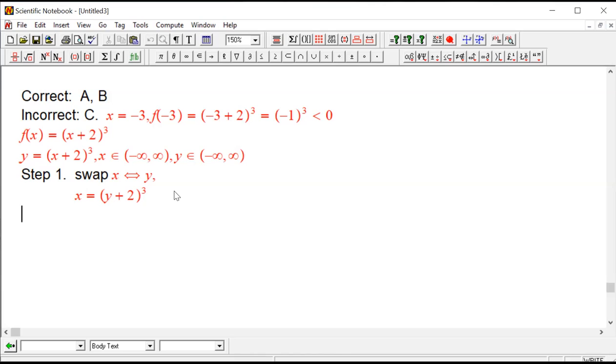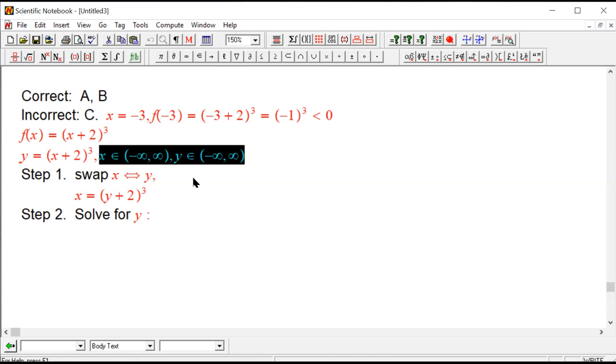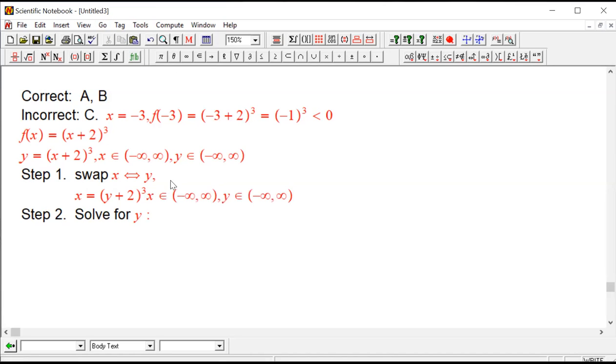Step 2, solve for y. Since the domain and range are the same, the swap still takes place, but they end up being the same. So that's a part we don't have to worry about.